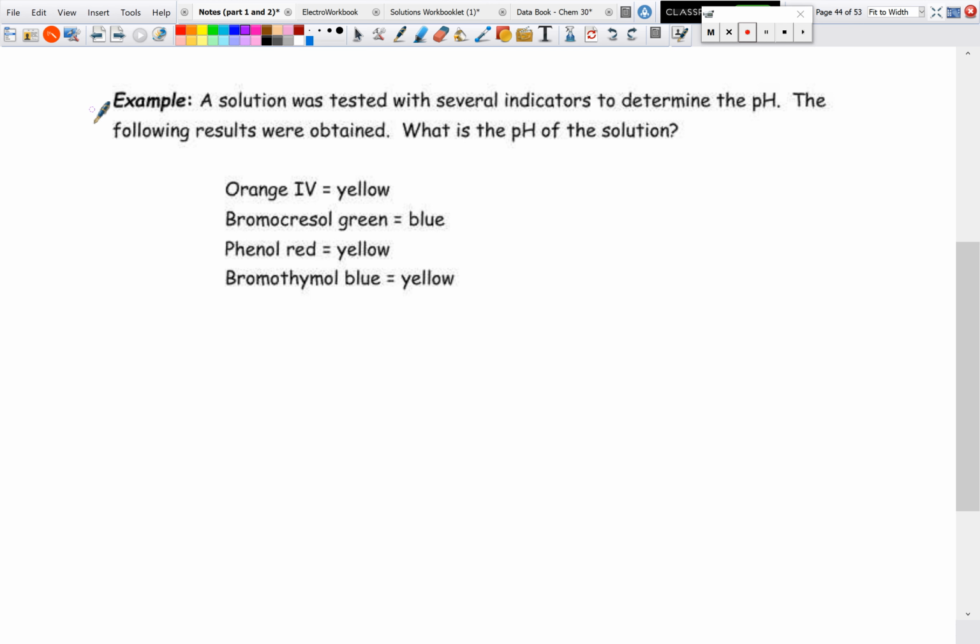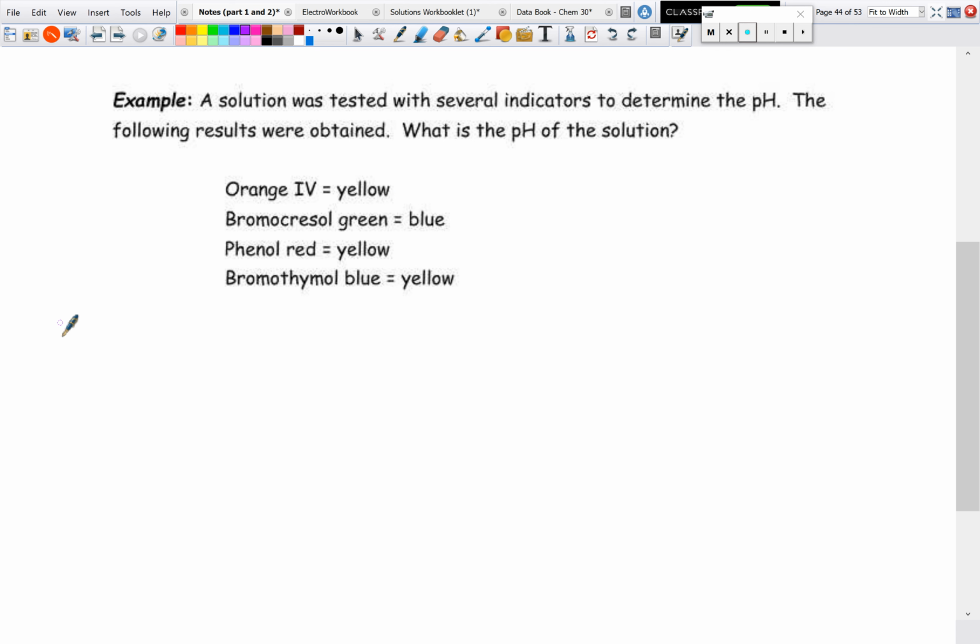So this is an example right here where we have 4 different indicators with different colors. Now, normally we would do a lab based on this as well, but just due to circumstances, we can't actually do the lab. So there are some examples inside of your workbook with questions like this. So based on the color it's given, we are just going to highlight if the pH is going to be above or below a certain unit, and then we're just going to try to narrow in the gap.